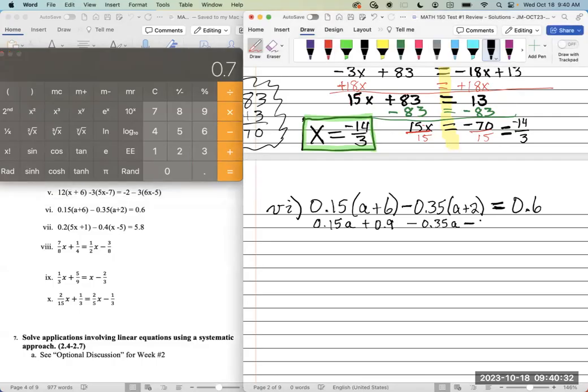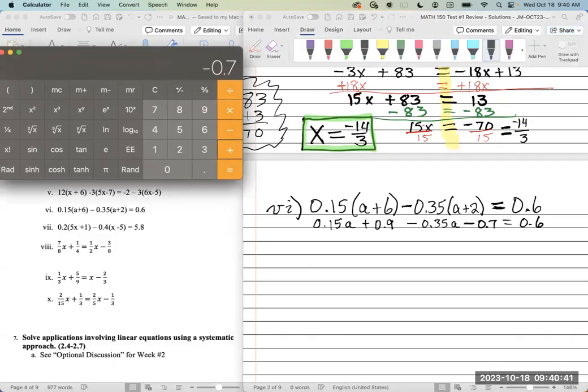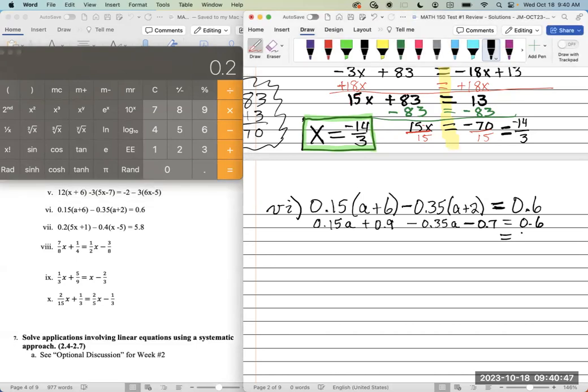Negative times positive is negative, so I'd have negative 7/10. Combine negative 7/10 plus 9/10 is 2/10. So all I'm doing on the left is rearranging how this looks. Combining those terms gives me the positive 2/10.